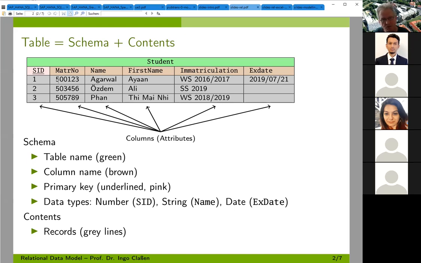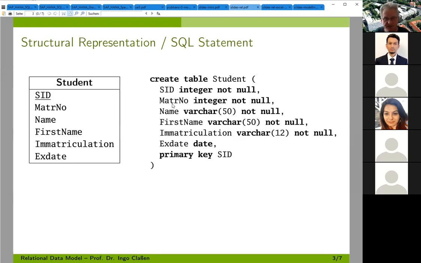Also, having the real data within the presentation takes a lot of space. If you have a larger data model consisting of many tables and you would like to get an overview, then you might want to concentrate on the structure and disregard the data for a moment. Then the structural representation is the best one.